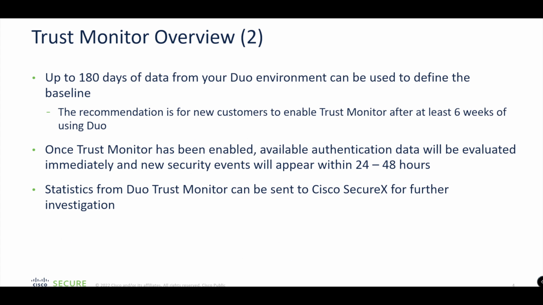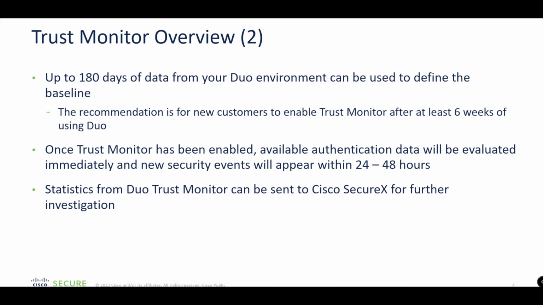Now, Trust Monitor can evaluate up to 180 days of data from your environment, and that data can be used to define the baseline. However, our recommendation to new customers is to enable Trust Monitor after 6 weeks of using Duo if you are looking to leverage this feature.